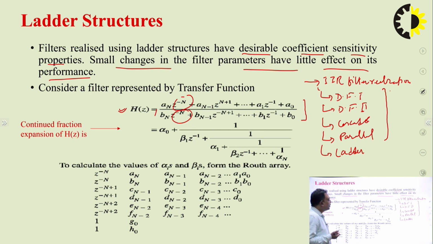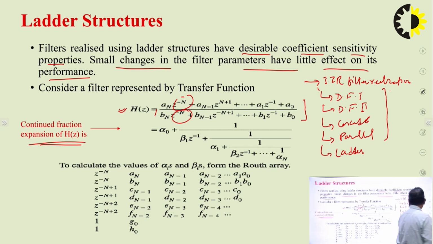To do this, we have to do the continued fraction expansion of H(z). Continued fraction expansion means we divide the numerator by the denominator, get the remainder, and then divide again, and this process is continued.